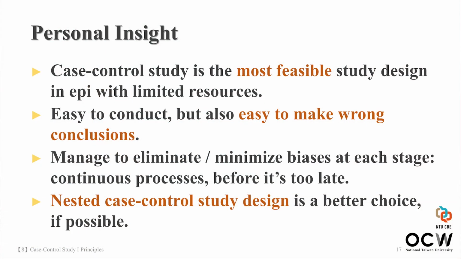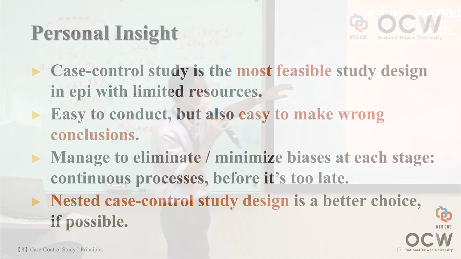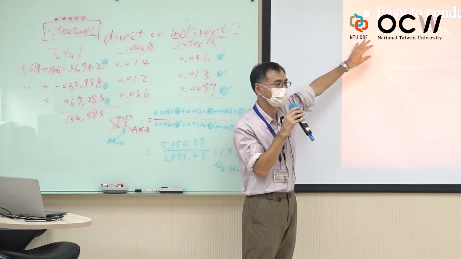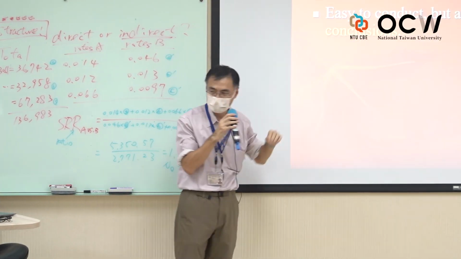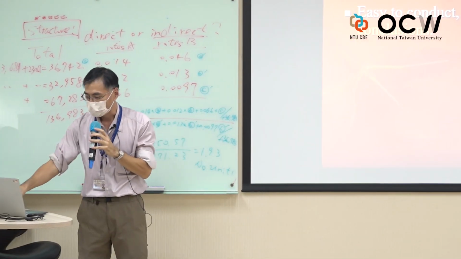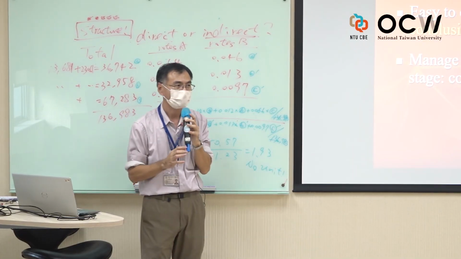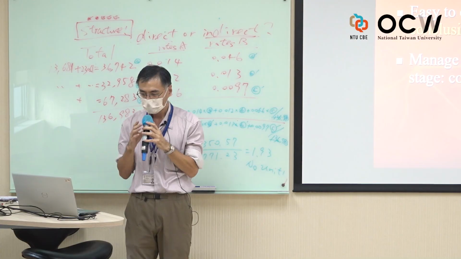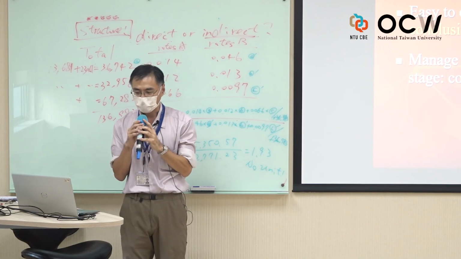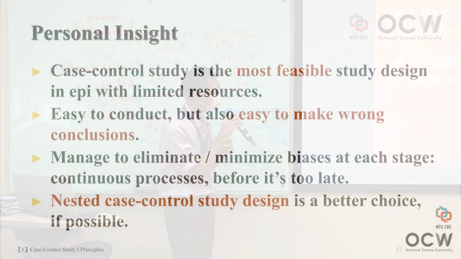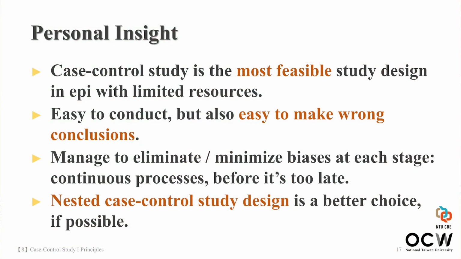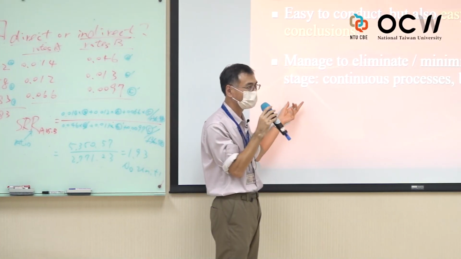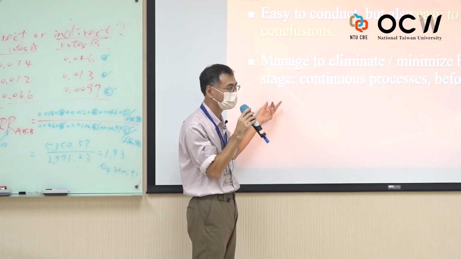Okay, so it's easy to conduct, but also easy to make wrong conclusions. The estimation of relative risk might easily be biased somehow, especially when you are choosing an inappropriate control group. So you have to try your best to eliminate or at least minimize the biases at each stage, from the study design to data collection to data analysis.